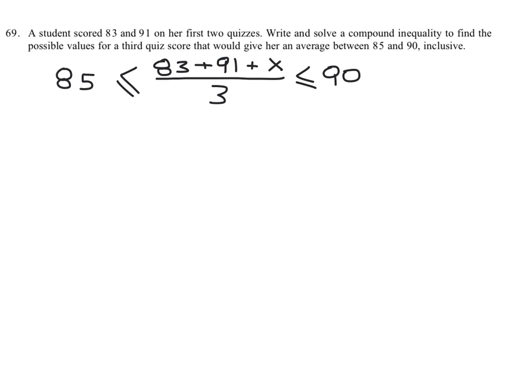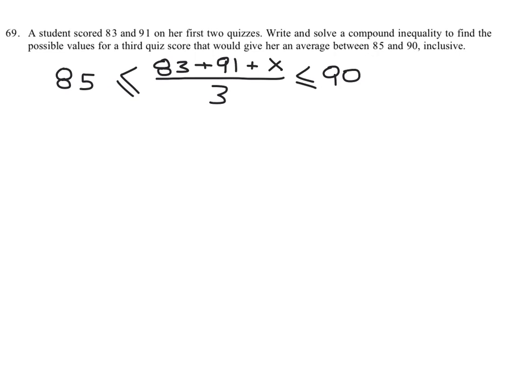We've got the first quiz score, the second quiz score, and the third that we don't know. And when we add them together and divide by three, that's the average. So we want this average to be greater than or equal to 85, less than or equal to 90, between 85 and 90. And it says inclusive. It's allowed to include those numbers as scores. So we say or equals.